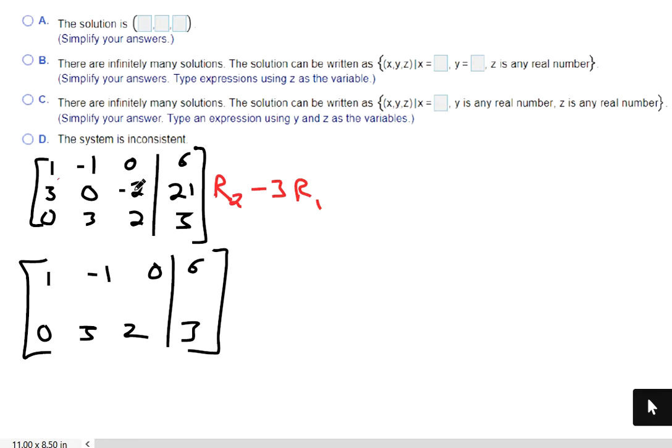Okay, so row 2 is changing. Row 2 is being subtracted by 3 times row 1. So 3 times 1 makes 3. 3 minus 3 makes 0. Now 3 times -1 makes -3. 0 minus a -3 makes +3.